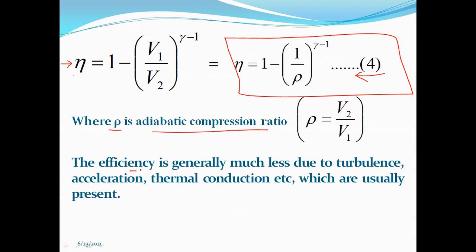Thus, the efficiency of the Otto engine is generally much less due to turbulence, acceleration, thermal conduction, etc., which are usually present. So this is all about the calculation of efficiency of the Otto engine.